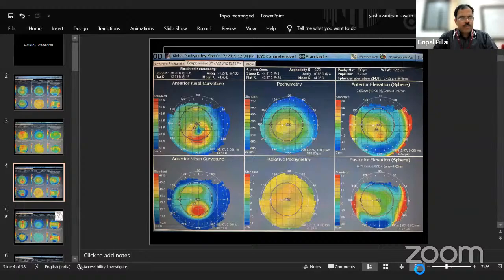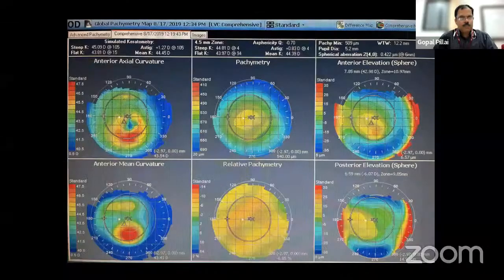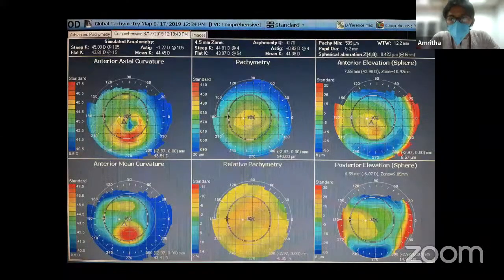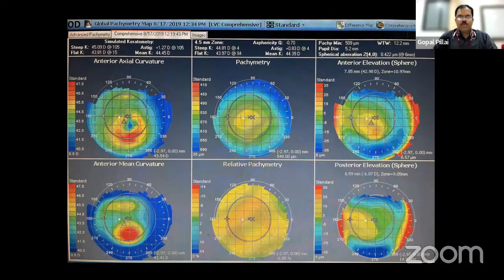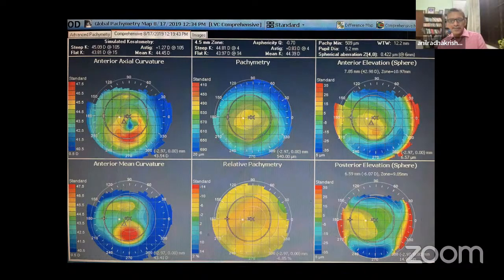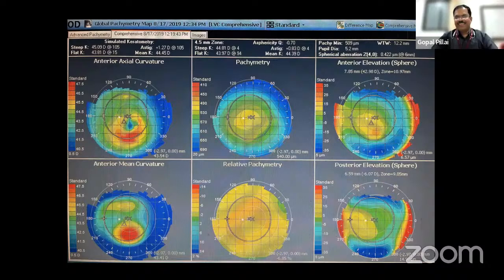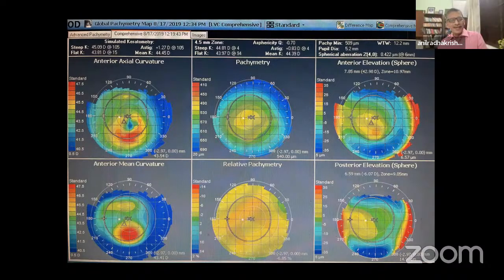So how many cases do we have, Amrita? Close to 30, sir. Oh, 30? Somebody told me 10, Anil told me 8. Some of them are two eyes of the same patient. Okay, now you go to the first case, no, Amrita?